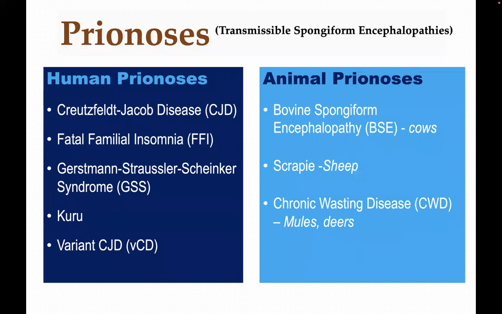And we have the prion that causes disease in sheep, called scrapie. And the one that causes disease in deer and mule is called chronic wasting disease. So those are just examples of these transmissible spongiform encephalopathies, categorized by which ones are in humans and which ones are in animals.